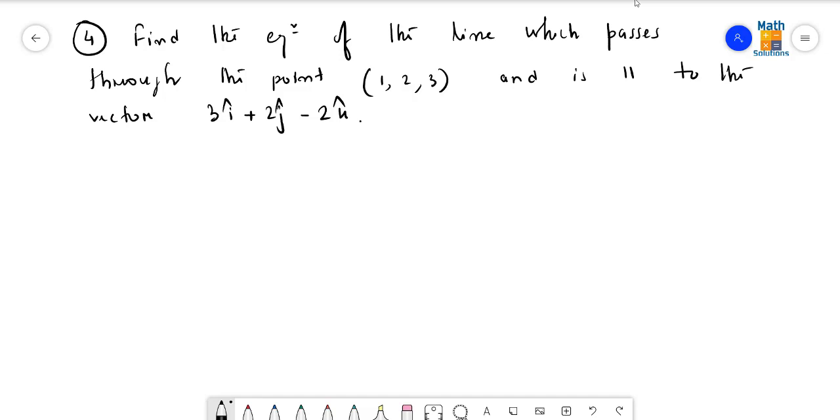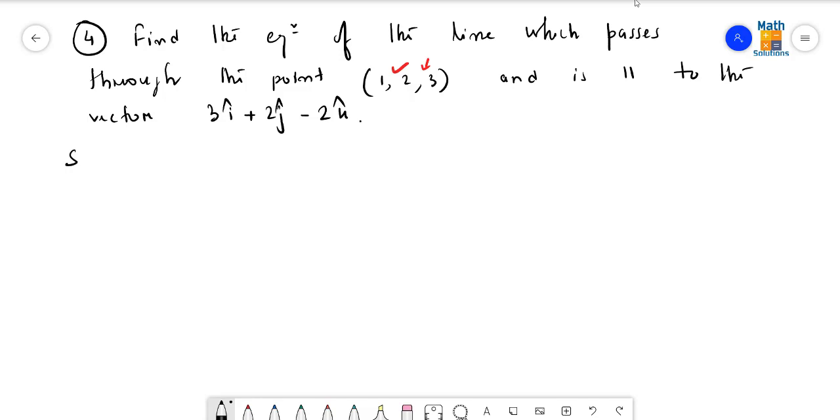Here it is given that the line passes through the point 1, 2, 3. So first of all, we shall try to find out what is the position vector of this point.